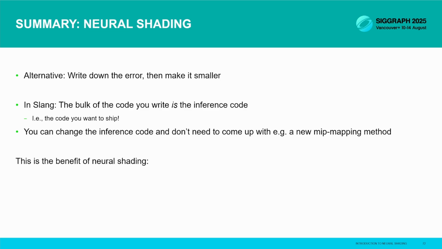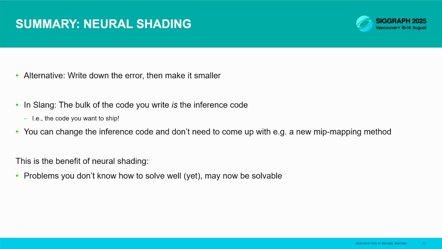And this is really what's exciting about neural shading, right? Even though there were no neural networks here, this is already really quite useful. Problems that were kind of tricky or might be really difficult in the classical approach can suddenly become very easy when your shaders become trainable, because you don't have to come up with an algorithm that generates the solution directly, and that algorithm might not even exist.